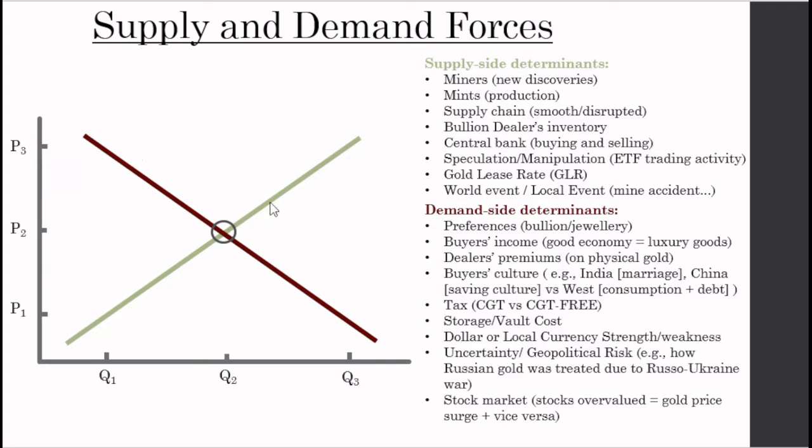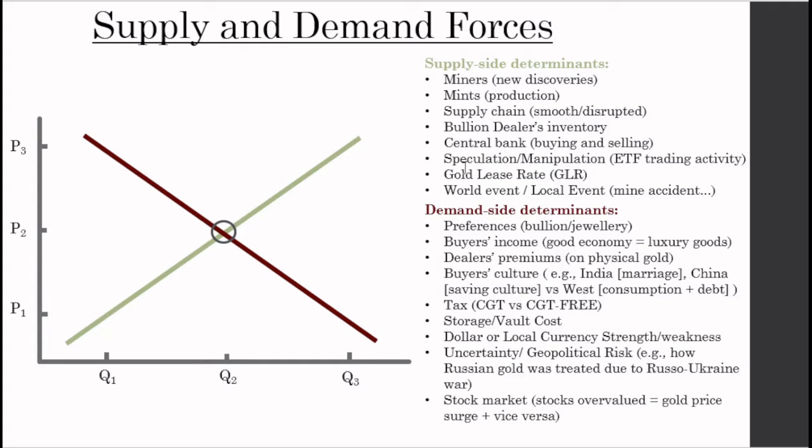In this example, the market is in balance when the price is P2 and the quantity is Q2. But that reveals another important thing about equilibrium prices: they can change due to changes in one or many of these determinants.